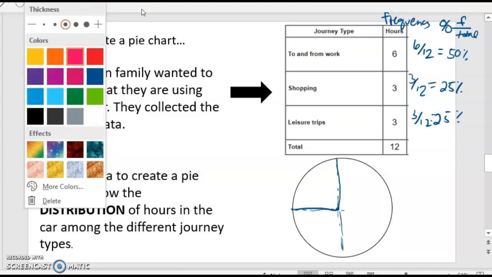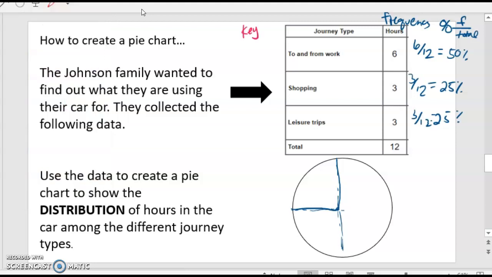So what I like to do is make a key. The key has to tell me what each category represents. So if I write it next to this, and that category represents this box, and shopping represents the box with the lines in it, and leisure trips represents the dots, then I'm going to make sure that I label accordingly. So the blank one is my 50%, my lines represent shopping, and my leisure trips are the dots.